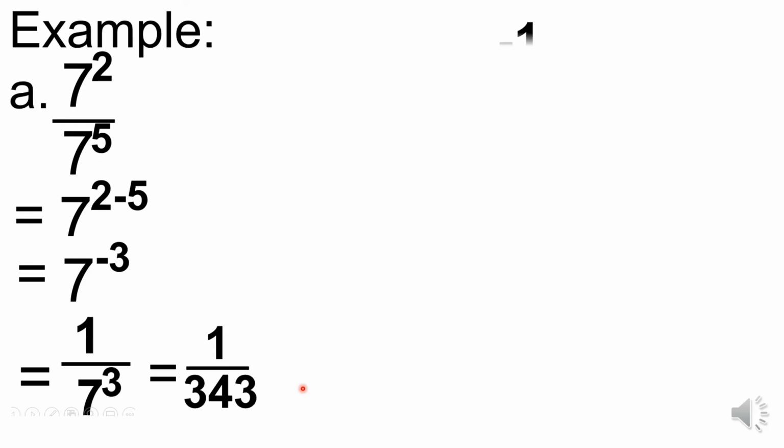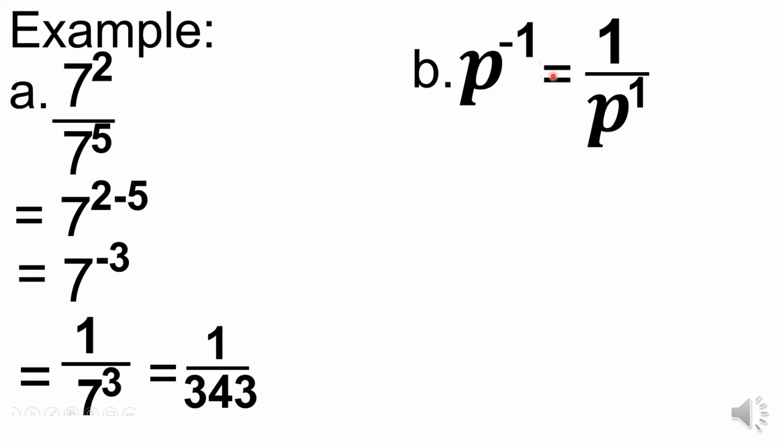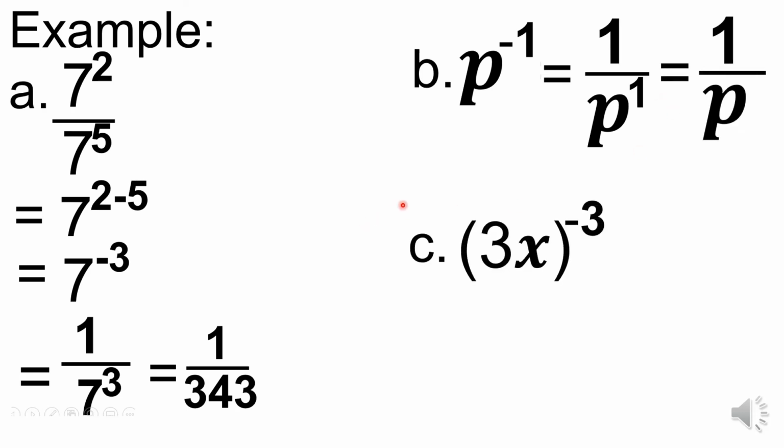Okay? Next is p to the power of negative 1. So in here, you got a negative exponent. So therefore, this must be 1 over p to the power of 1. Or omit the power 1, you have 1 over p. And of course, the last example is the quantity 3x to the power of negative 3.